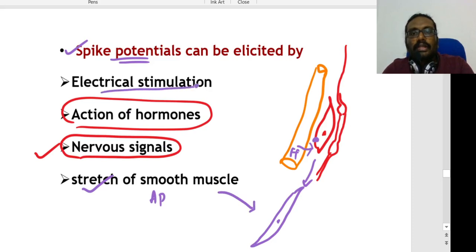If you take an electrical stimulator and just stimulate your bladder, this can also develop a spike potential. So these are the different faculties which can develop a spike potential in a smooth muscle.